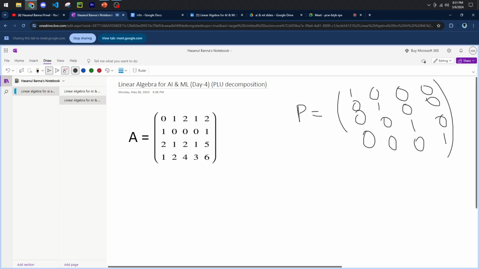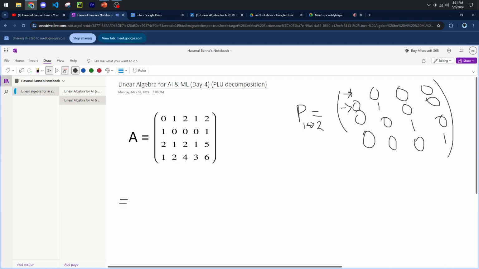Here in the identity matrix, to clarify it, we will change our first row with our second row. That means our first row will become our second row and our second row will become our first row, which will help us to do the math in the further procedure.